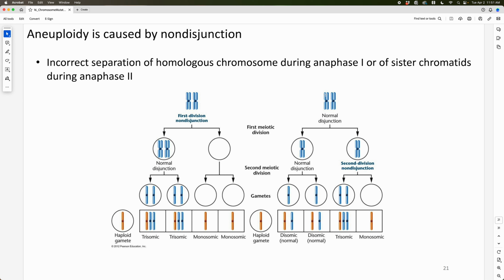So we can compare this to the situation where we started off normally. So the first meiotic division went well. We have our homologous chromosomes separated into the two daughter cells. Normal disjunction will occur from one of these daughter cells. So we have a gamete that has one sister chromatid each coming from this homologous chromosome.